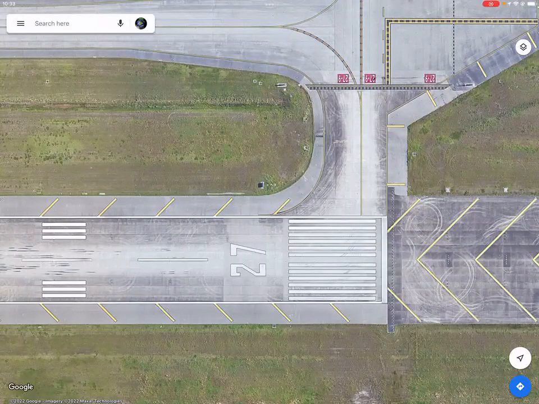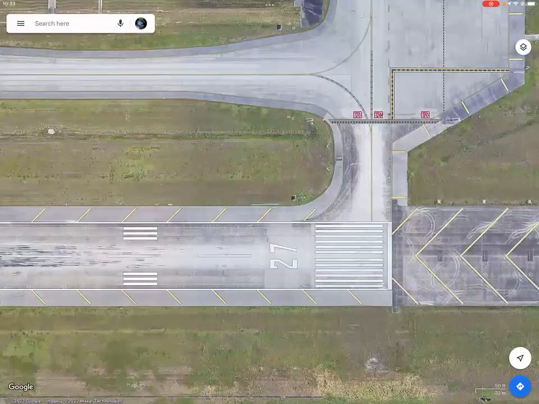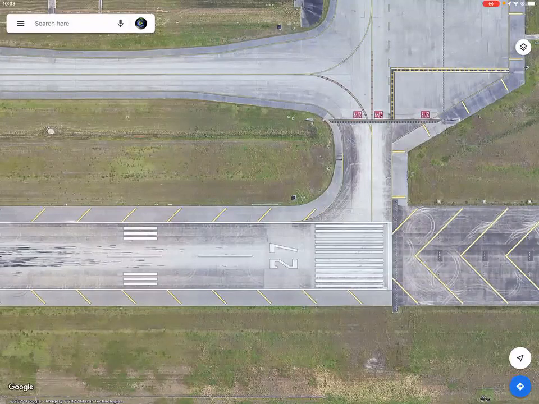So now, why is it 27? Now in aviation, we actually drop the last digit, the ones digit, because it's not very meaningful and we want to cut it short. So when we see 27, it actually means 270 degrees, which is this way, west.